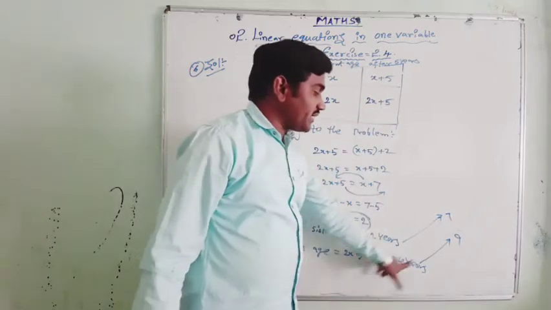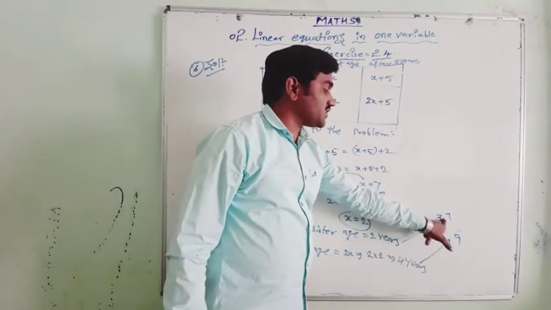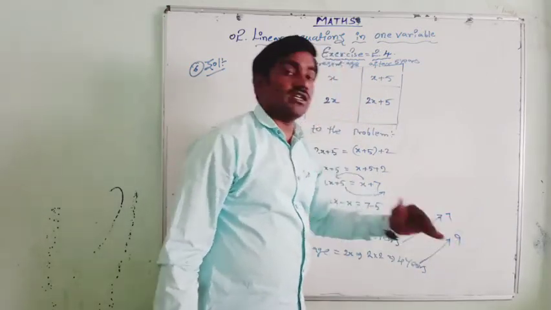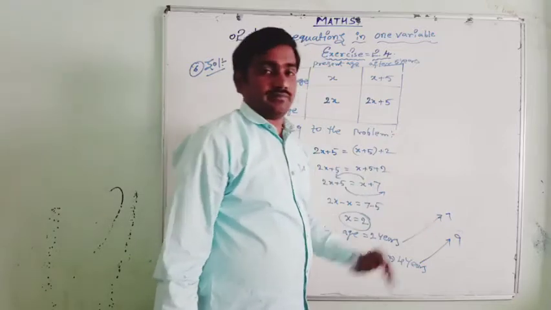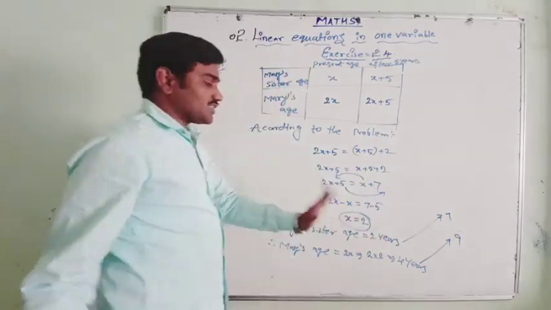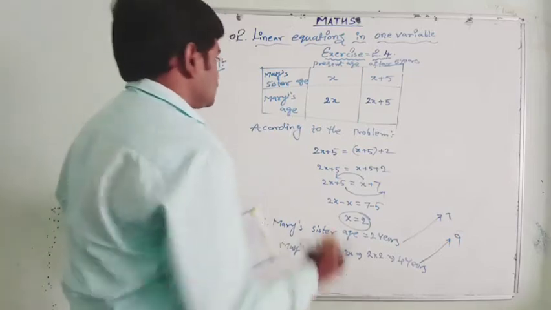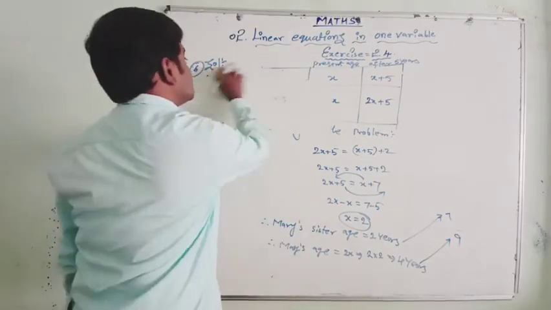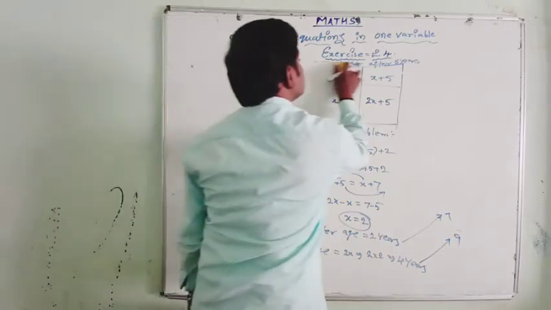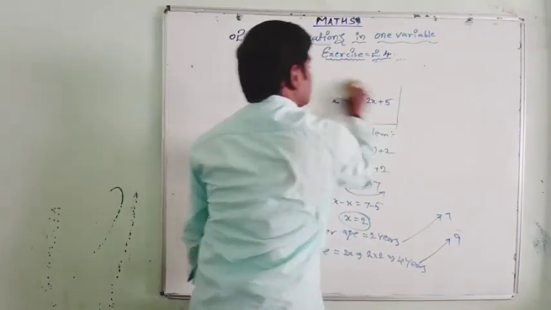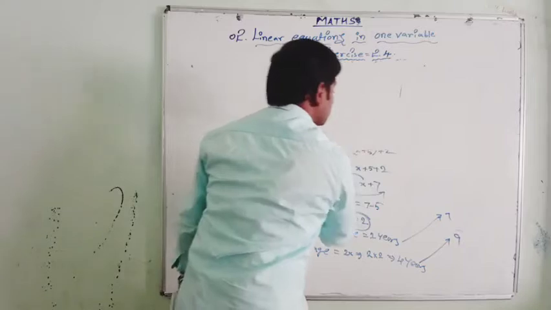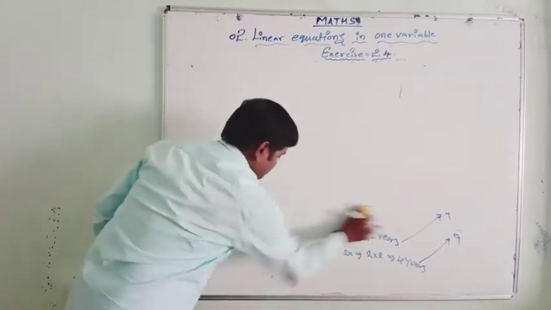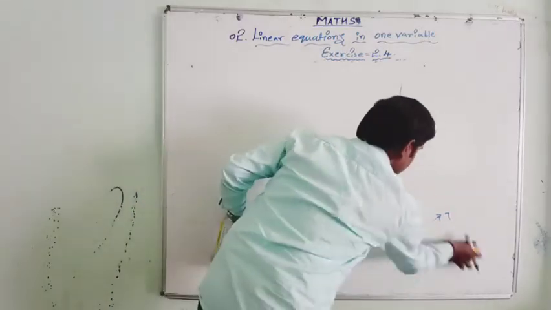So Mary is 2 years older than her sister after 5 years. She is only 2 years elder than her sister after 5 years' time. So, in this way we can check our answer. Their present ages are 2 and 4 years. After 5 years, their ages are 7 and 9 years. We have to add 5 and 5 years, that's it.